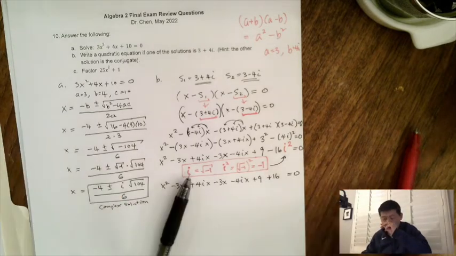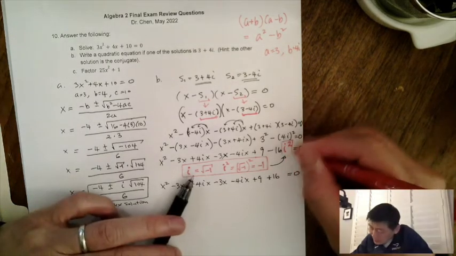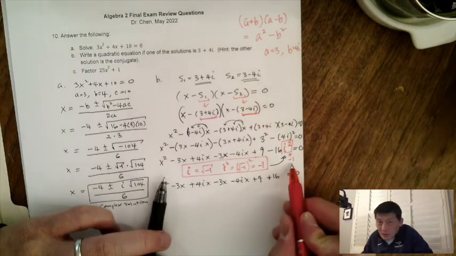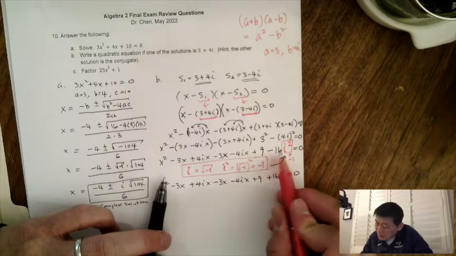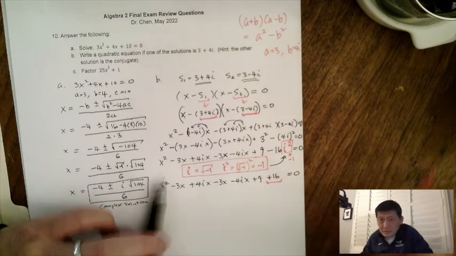Do you see how it works? This thing right here becomes -1, right? So -1 times -16 becomes positive 16.